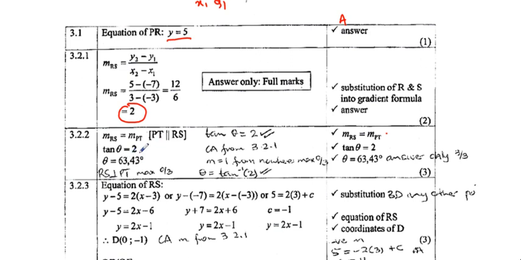So make sure that you write that step. And then applying the formula, tan theta is equal to 2, and theta is equal to 63.46. Now that is calculator work. So you will actually say tan inverse of 2, and you will get your answer.